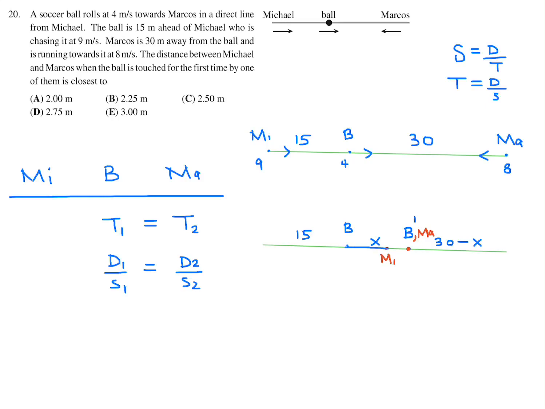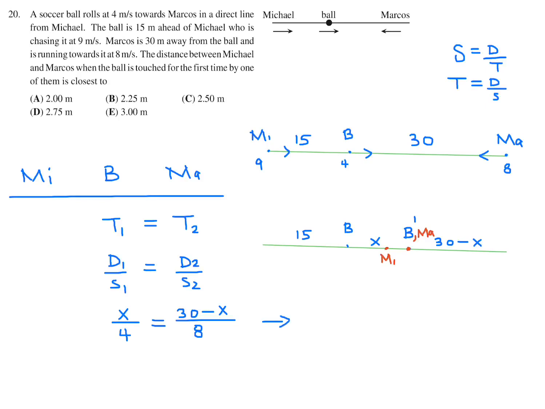It's the distance that the ball travels, and that is X. We don't know, so I labeled it X. The speed that the ball travels, we do know, is 4 meters per second. And similarly for Marcos, the distance he travels is 30 minus X, and his speed is 8. So there you go. We have a math formula here that we can solve.